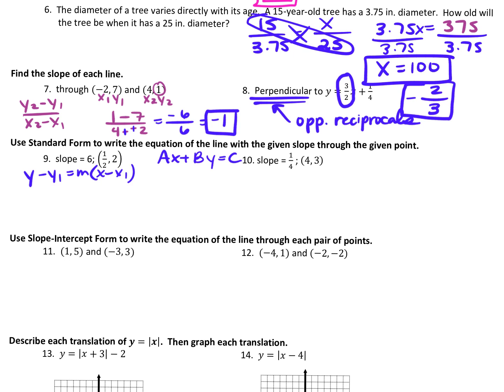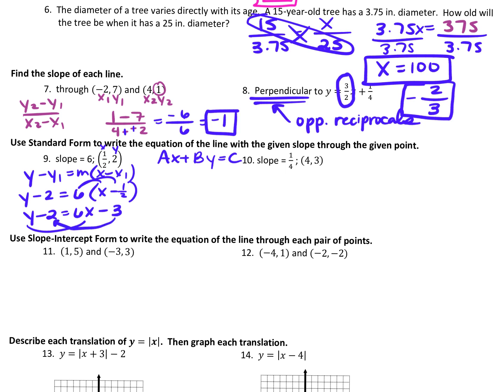So we're going to go y minus 2, right? This is your y value, this is your x value, equals the slope times x minus a half. And then I would distribute that. So y minus 2 equals 6x minus 3. And then standard form, what would I do here? I would probably move the y this way and the negative 3 this way.